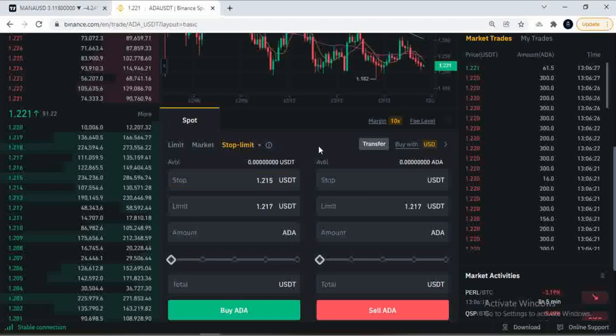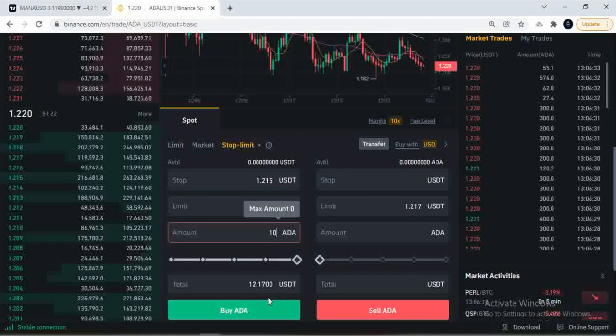I don't want to buy anywhere lower than that. I can put up the quantity I need and click buy. So this is going to start buying my position right from this price to this price. Once price hits this limit, it's going to start buying.